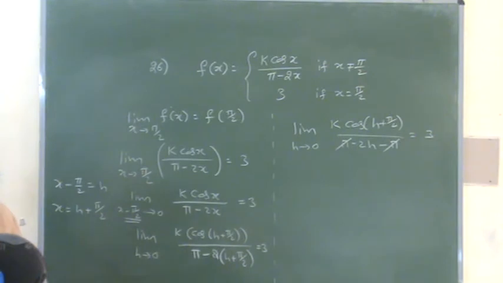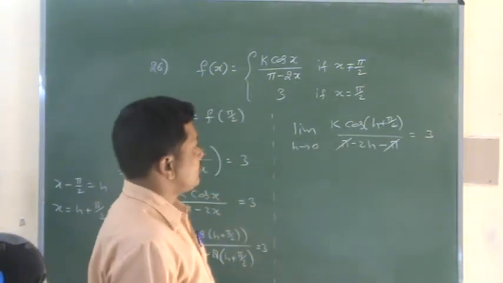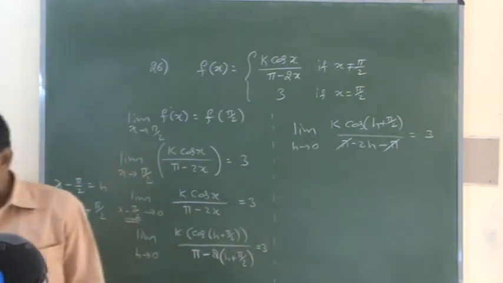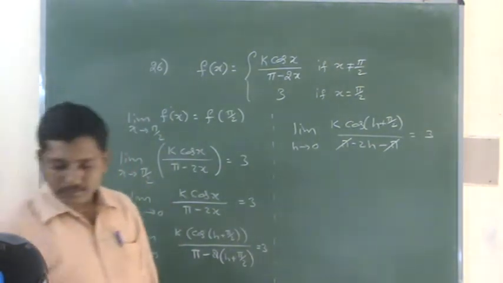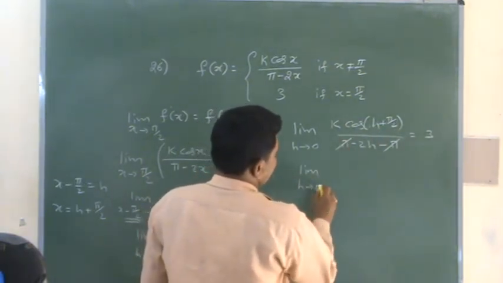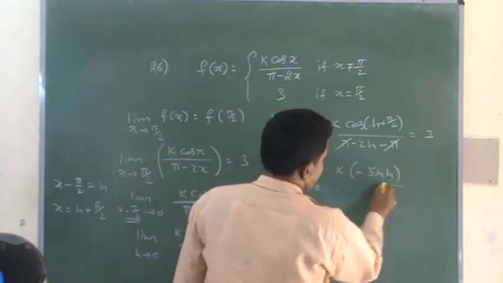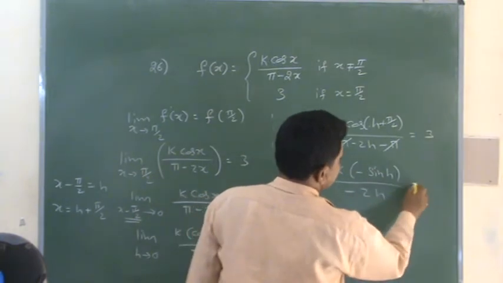Now k is common, and cos of pi by 2 plus h is in the second quadrant, right? So here I want to take that minus sign. Minus limit h tends to 0, k into minus sin h by minus 2h is equal to 3.